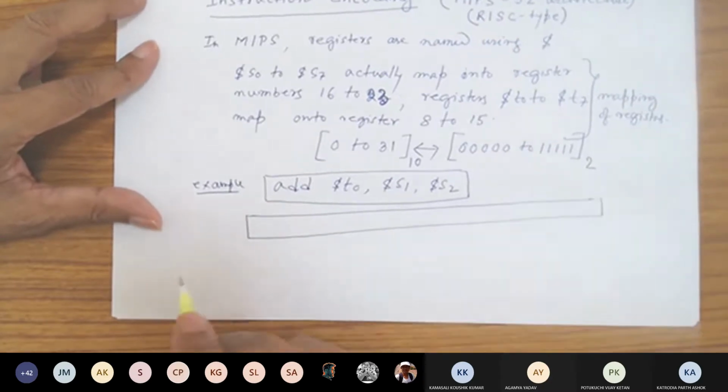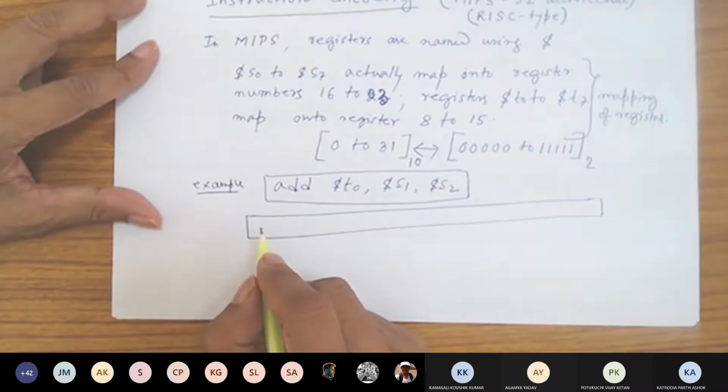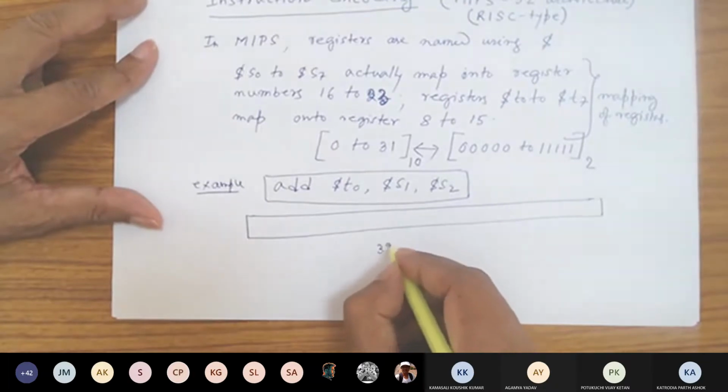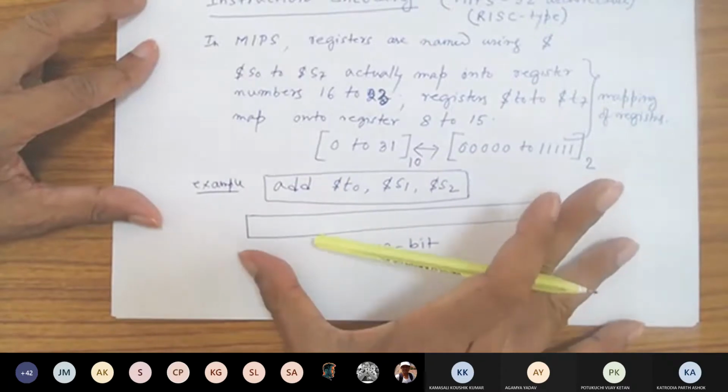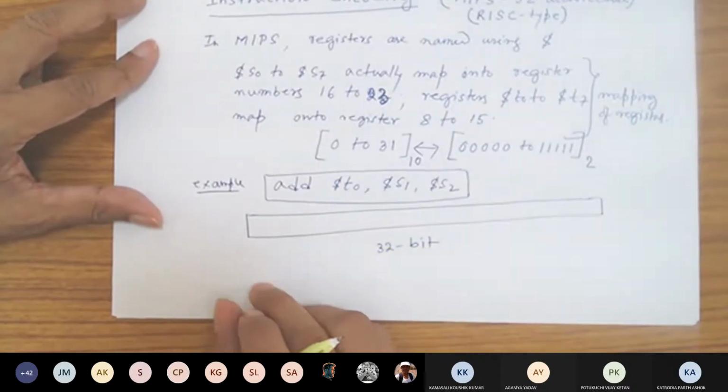So since it is a 32-bit architecture, the whole instruction will be encoded within this 32 bits.